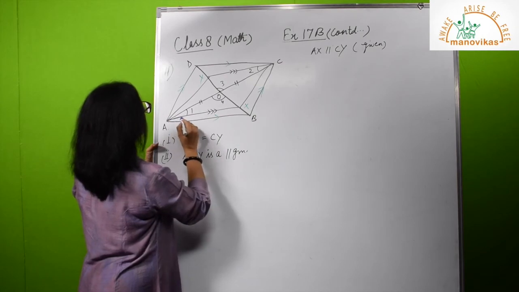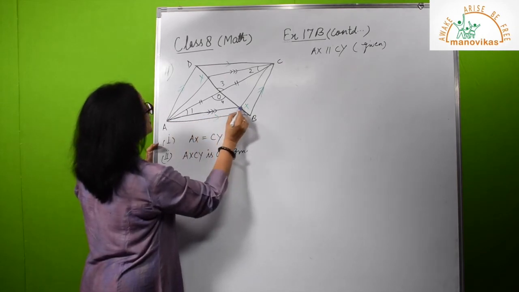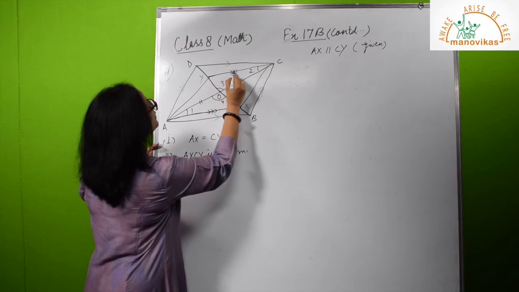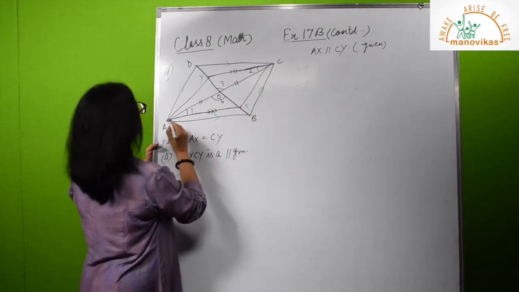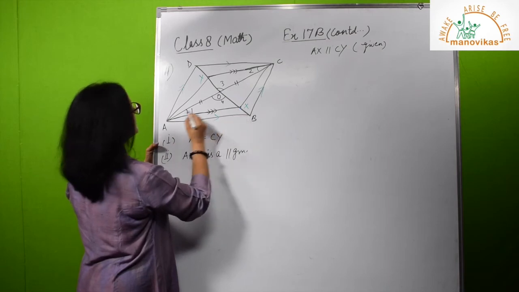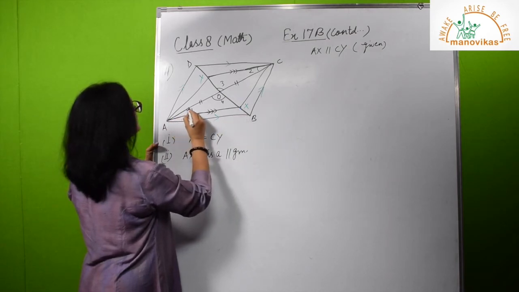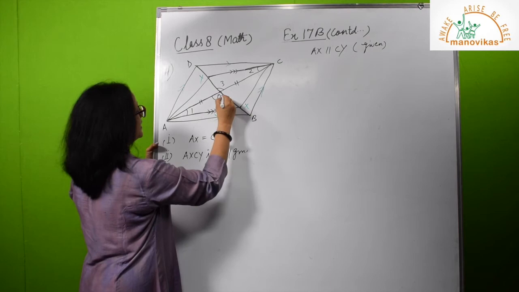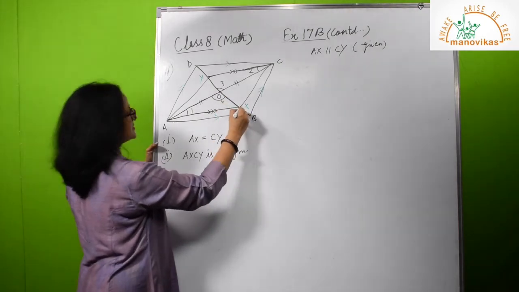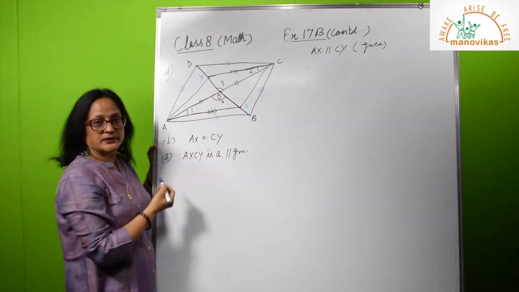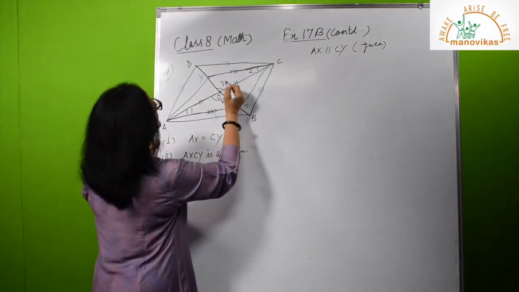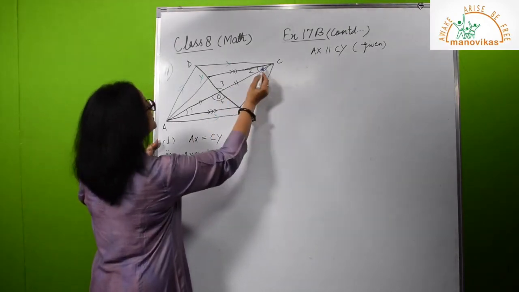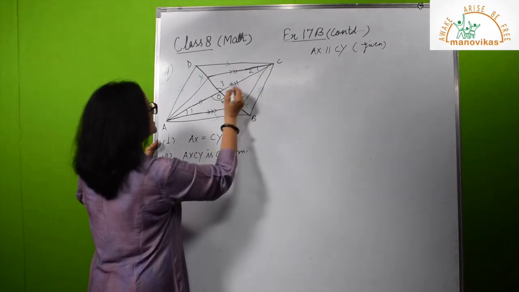These two sides you have to prove equal. Now you see which triangle is formed with these two sides. If we talk about AX, you can see this triangle AOX is formed. AX is a side in this triangle. And for CY, there is another triangle formed. It is COY.